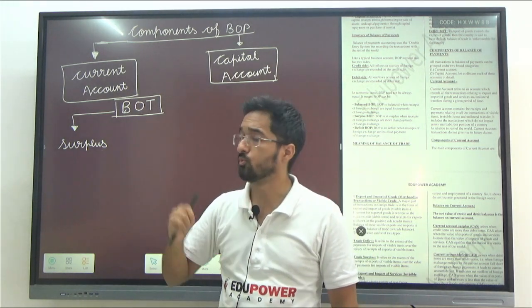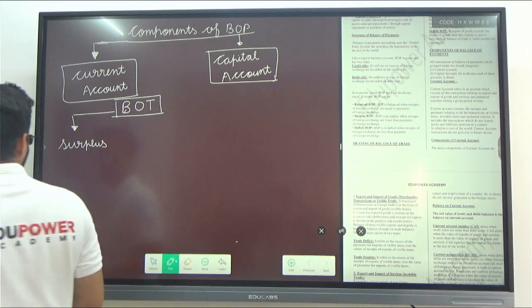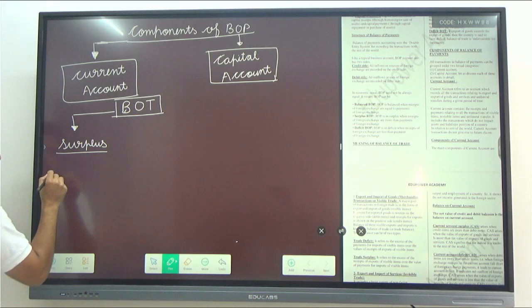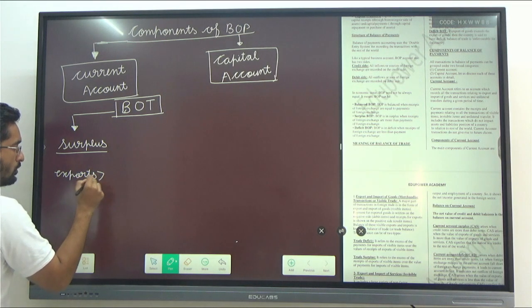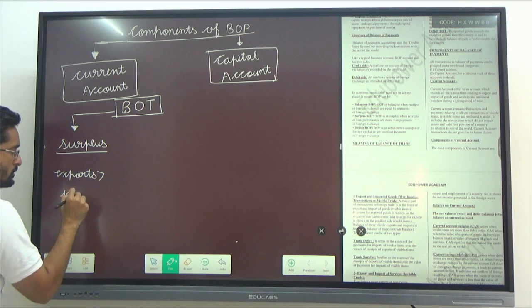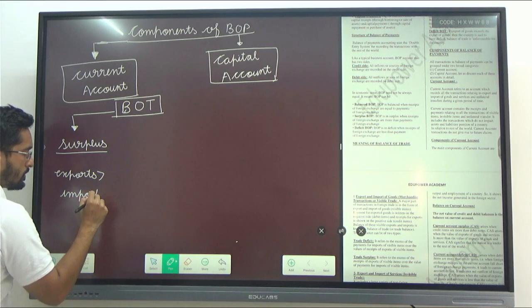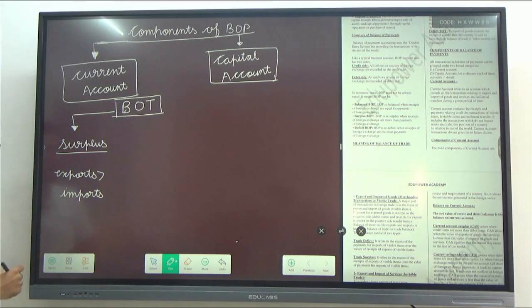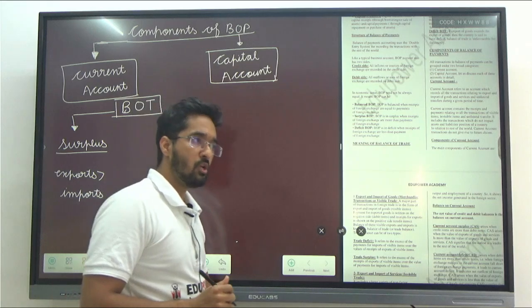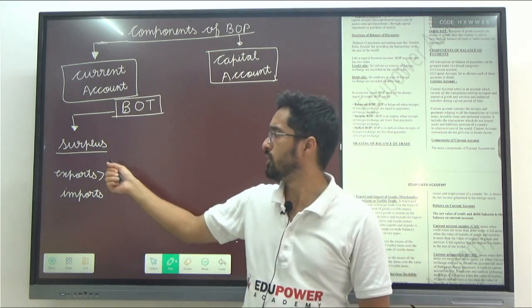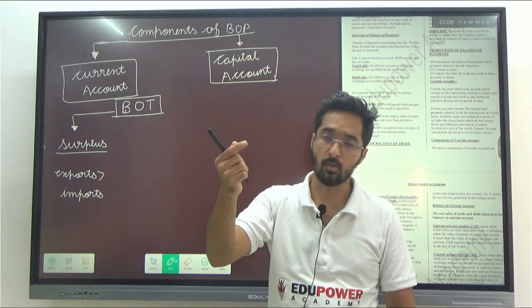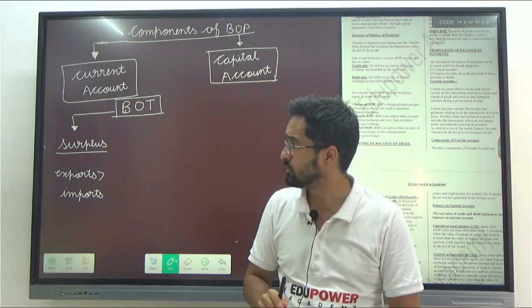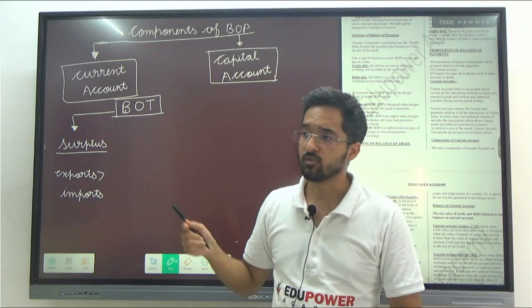That saving is only possible when the amount of exports is more than the amount of imports. If we export more and we import less, then only we will have some amount of surplus.